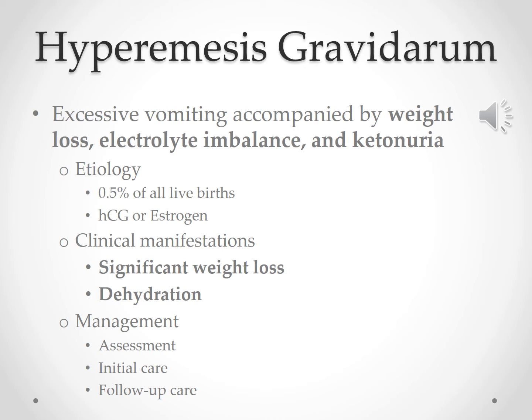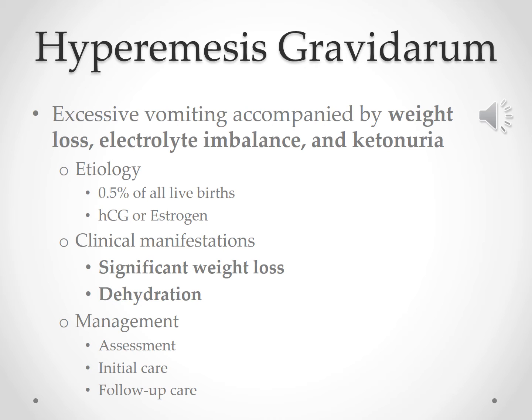Now, once the emesis has stopped, so she's not throwing up anymore, she's able to tolerate liquids, you want to have a slow progression to a nutritionally sound diet. So typically you're going to start off with clear liquids, and you're going to do clear liquids for 12 to 24 hours at least, with no throwing up whatsoever. If she ever throws up, you have to start all over again.